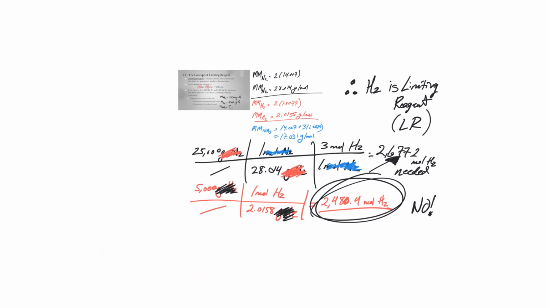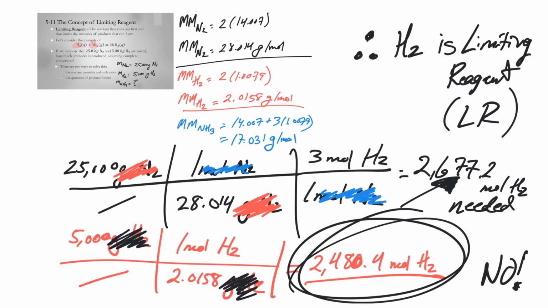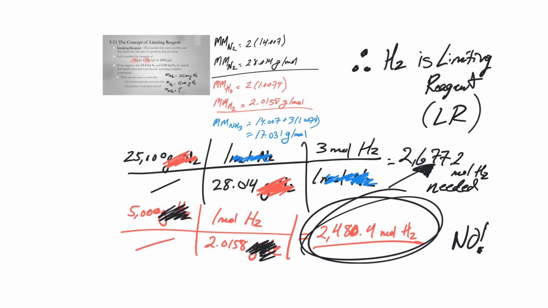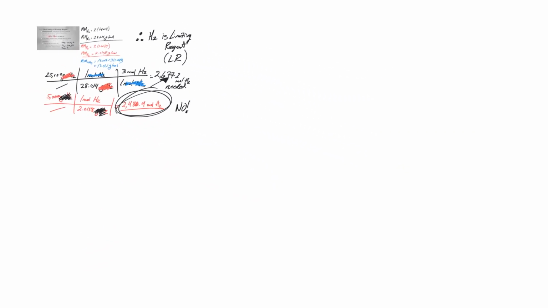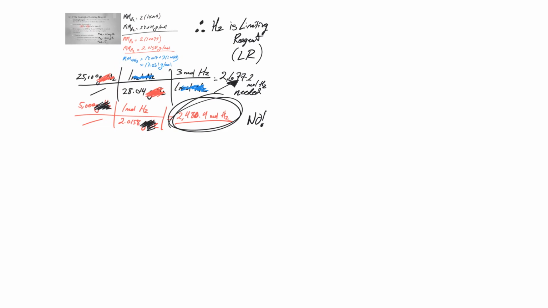And then after that point, since it asks for the amount of ammonia that would be produced, we have to do a whole other thing where we take that 25,000 grams. Oh, no, we don't use that. We use the limiting reagent always.